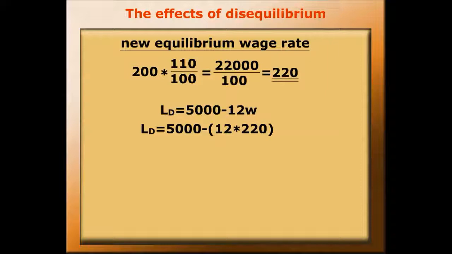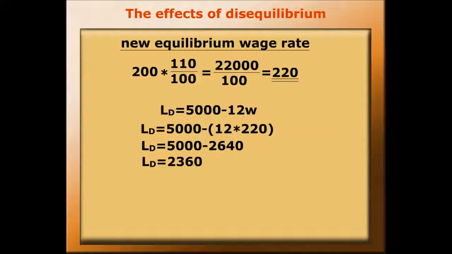So LD equals 5,000 minus 2,640, which gives us 2,360, down from its original 2,600 workers. The rise in the wage rate has reduced the quantity of labour that firms wish to hire.